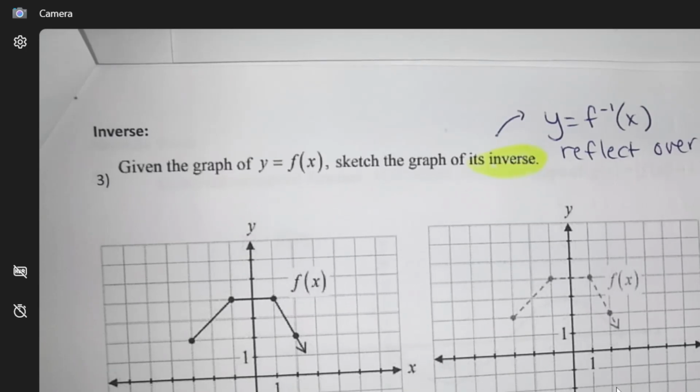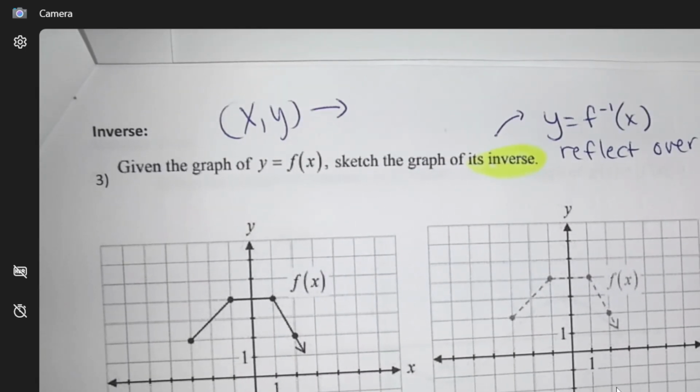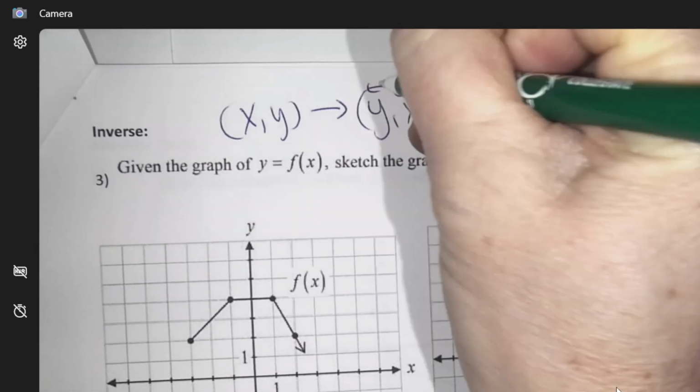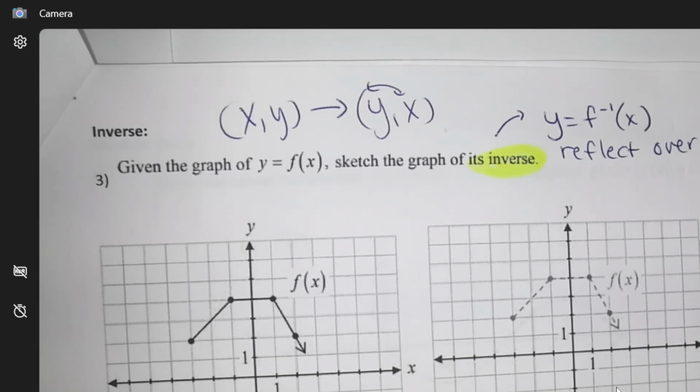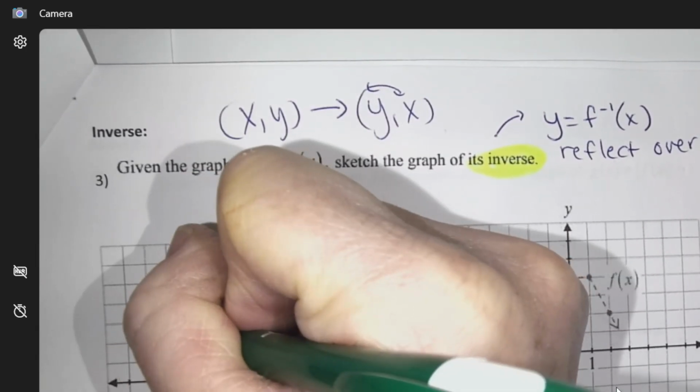What do you do with inverses? Every coordinate would happen to do what to it? Coordinate switch, right? Inversing, that's what you do. Okay, so here we go. 1, 2, 3. So negative 3.